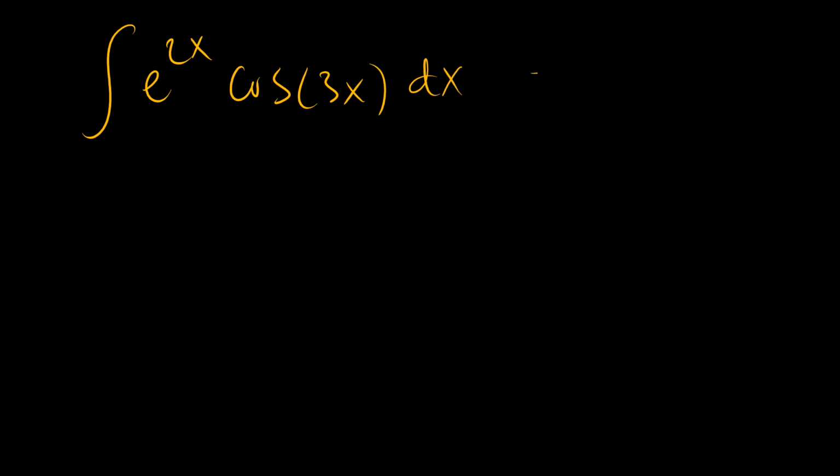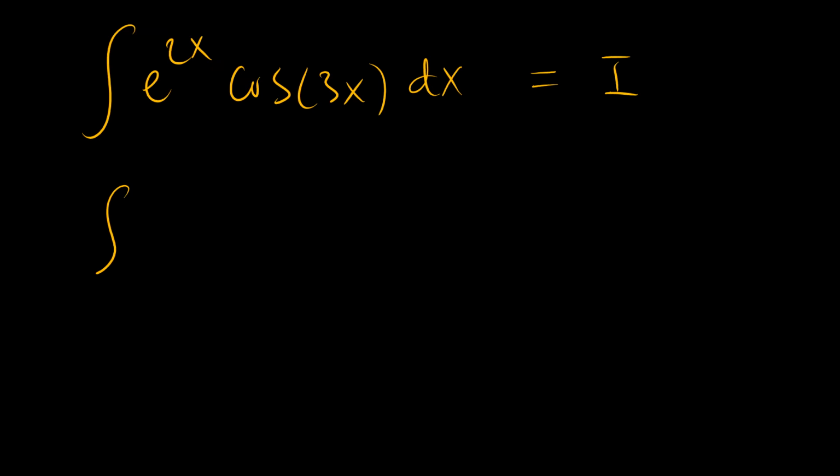One thing I would like to do is equate this integral as I. And then I may be able to say, okay, e to the 2x is the same as the derivative.